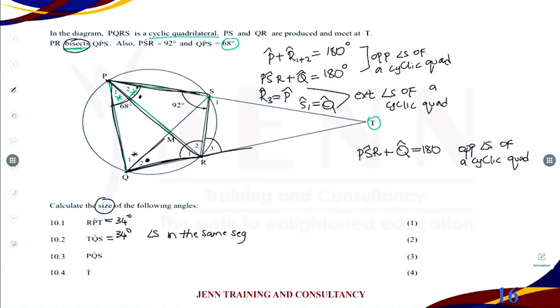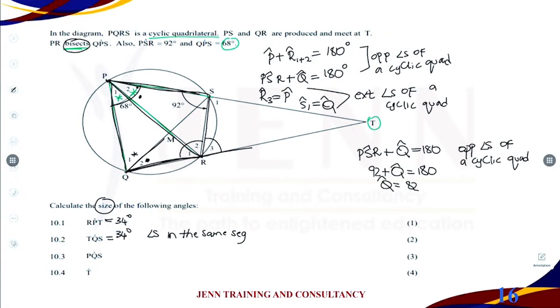So therefore, the size of angle PSR is 92. So 92 plus Q is equal to 180 degrees. Therefore, angle Q is equal to 88.